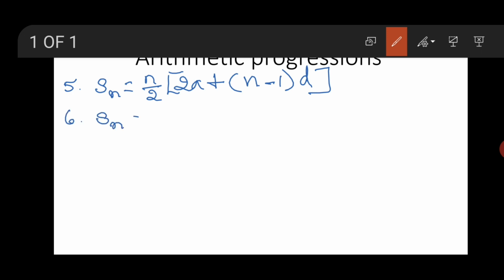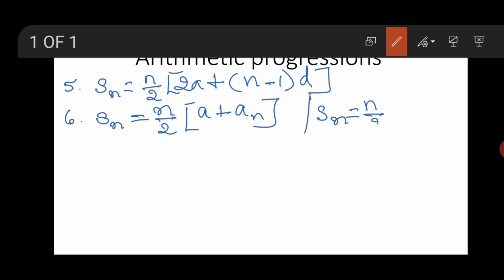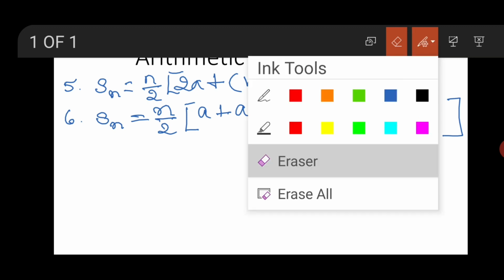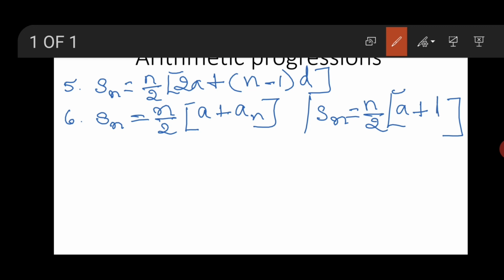Suppose first and last term of an AP are given, then the sum Sn is given by n by 2 into a plus an, or we can use this formula also. Sn is equal to n by 2 into a plus an. Here an or l are both the same. You can write here L also. This is L.